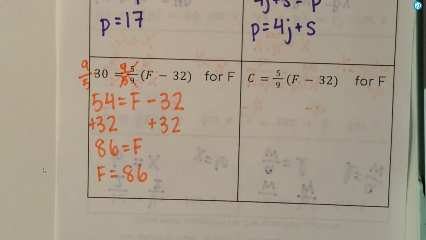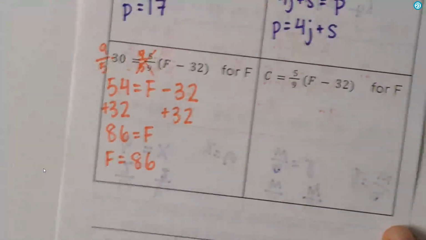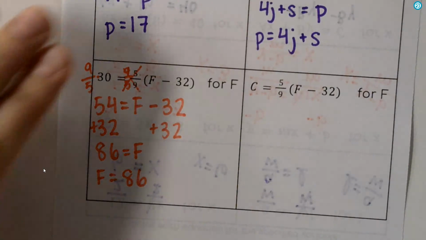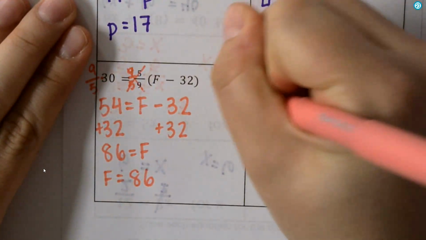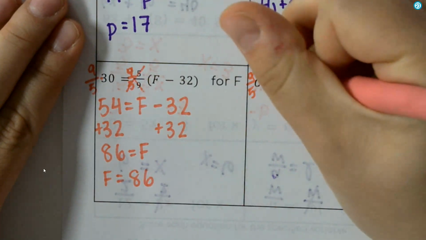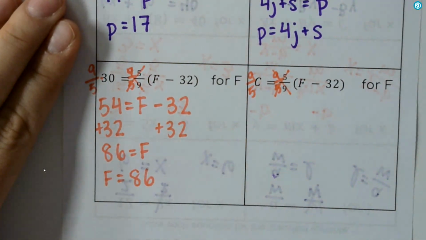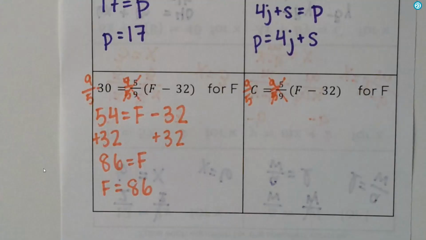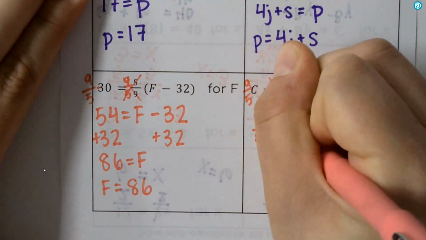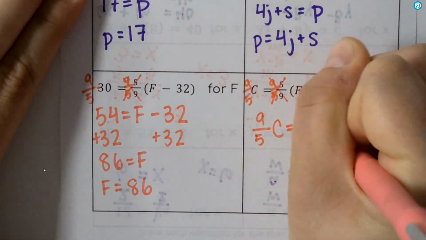Last one we're going to do with the same steps. So just like we started by multiplying by 9/5, we're going to start by multiplying by 9/5. This 9 over 9 cancels. This 5 over 5 cancels. And now we just have 9/5 C. So I'm just going to leave that as 9 over 5 C equals F minus 32.